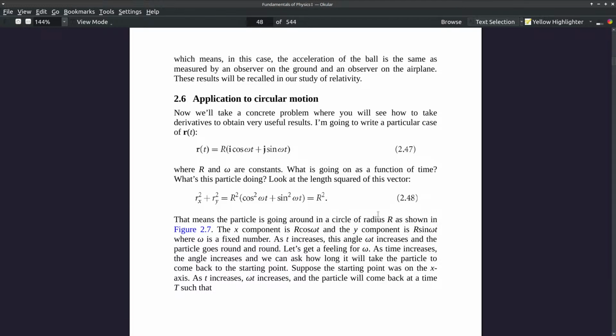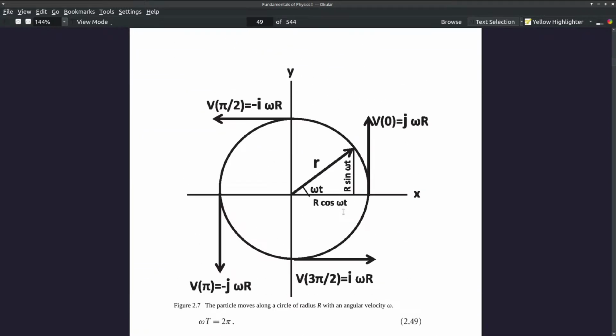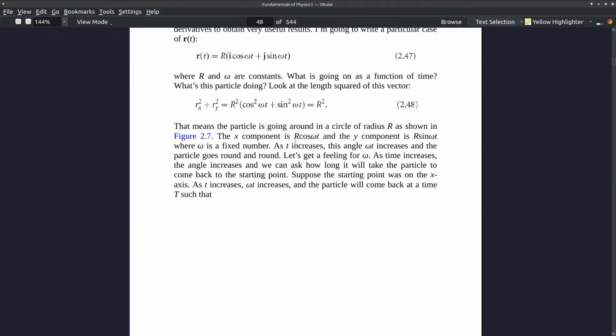The x component is r cosine omega t, and the y component is r sine of omega t, where omega is a fixed number. As t increases, this angle omega t increases, and the particle goes round and round.